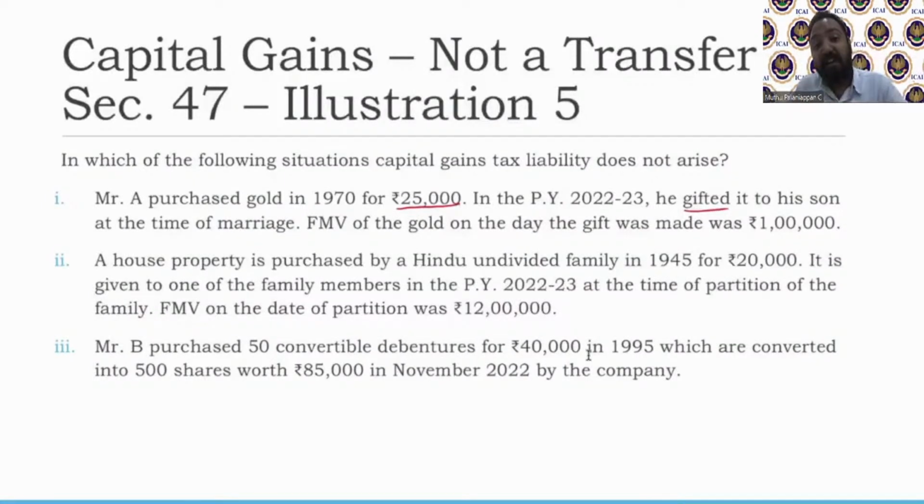The fair market value of the gold on the date of gift was 1 lakh. What is the treatment? As per section 47, transfer through gift or will or succession to a person is not a transfer. So a capital asset under gift is not regarded as a transfer for the purpose of capital gain.